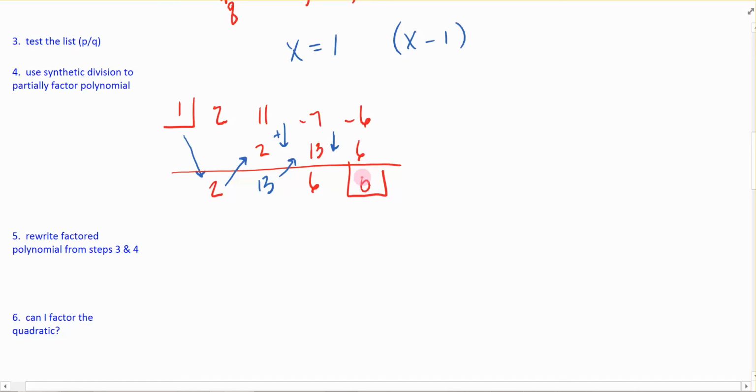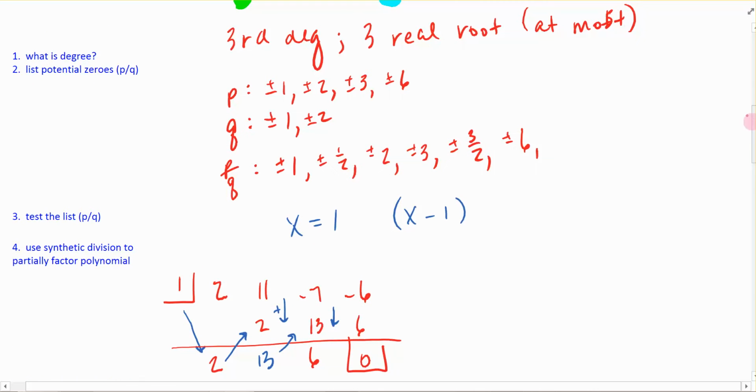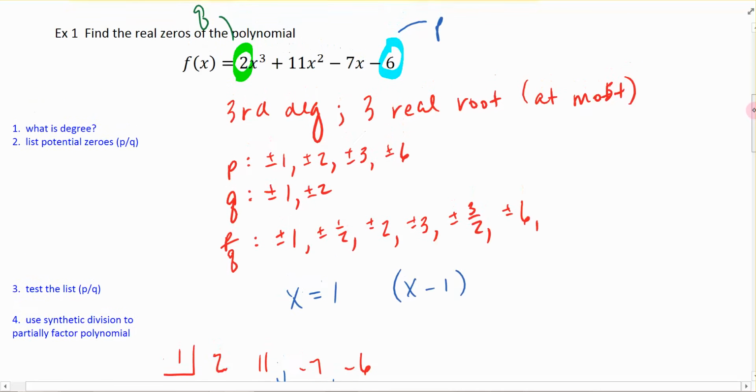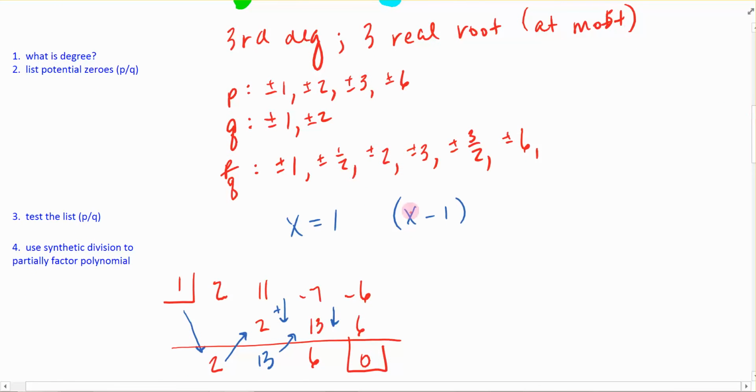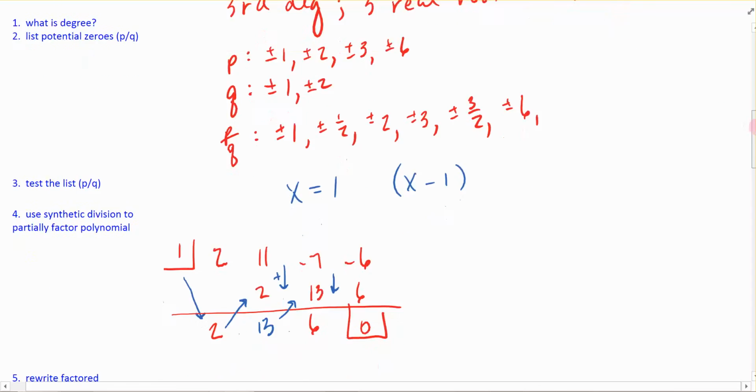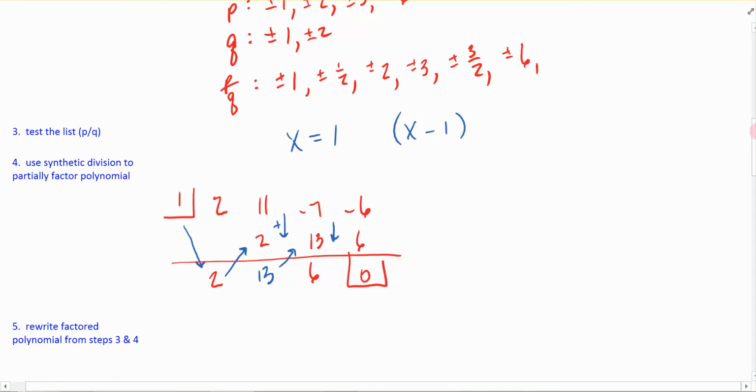Synthetic division is basically taking the polynomial and reducing it by 1 degree. So in other words, if I divide 2x cubed by an x, I end up with 2x squared, right? So these are the coefficients now of my new polynomial that's been reduced by a power of x minus 1.